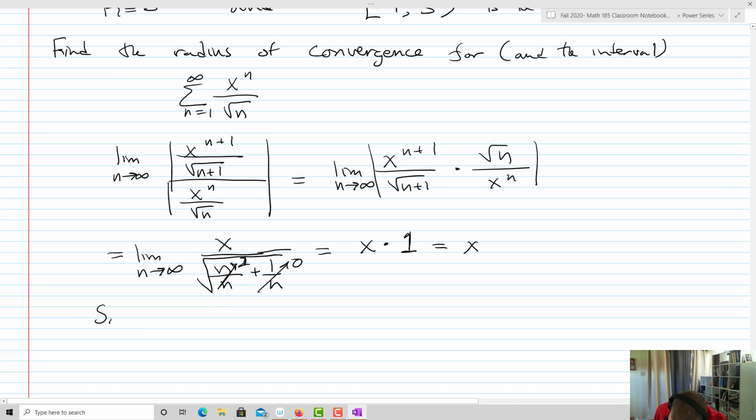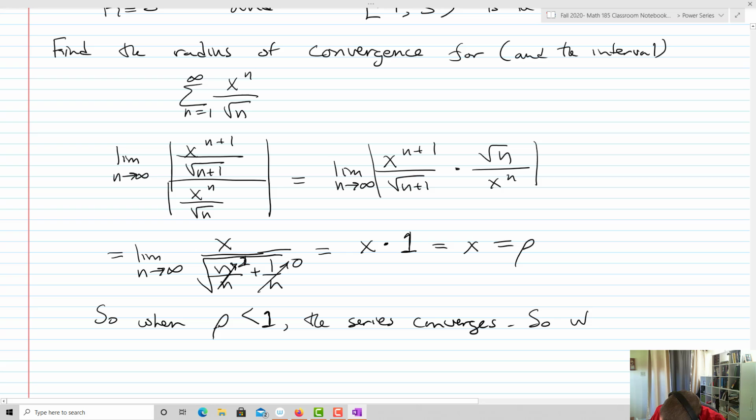So when x, right, so the radius of convergence, okay, when rho, my ratio, is less than 1, the series converges, okay? This is rho. So x equals rho.